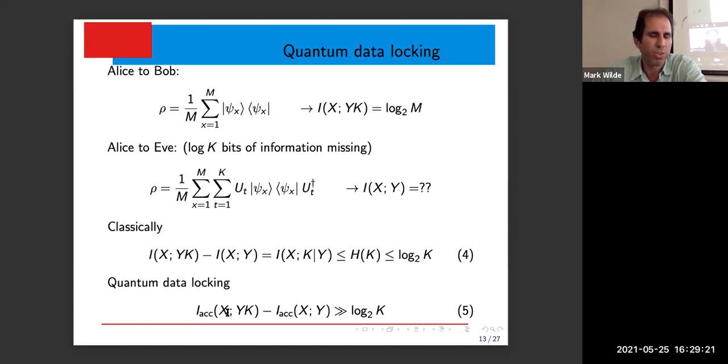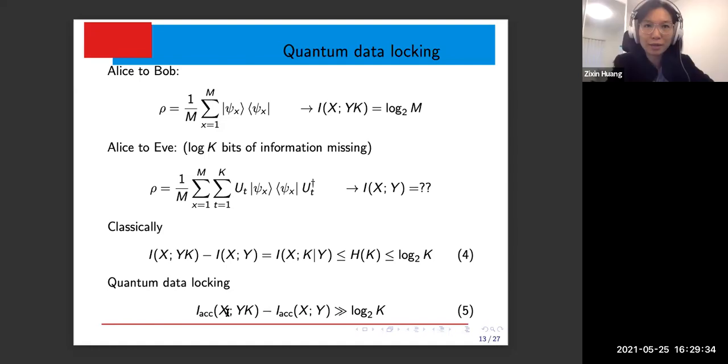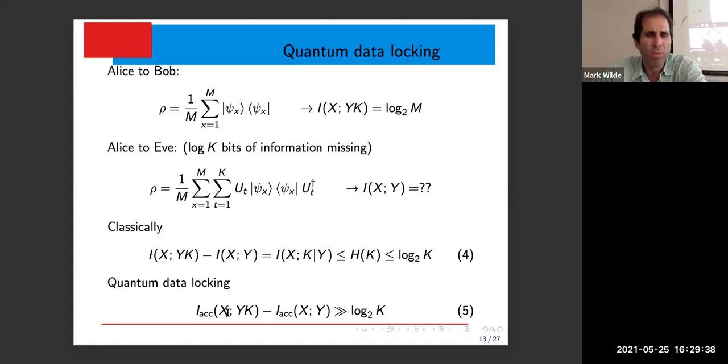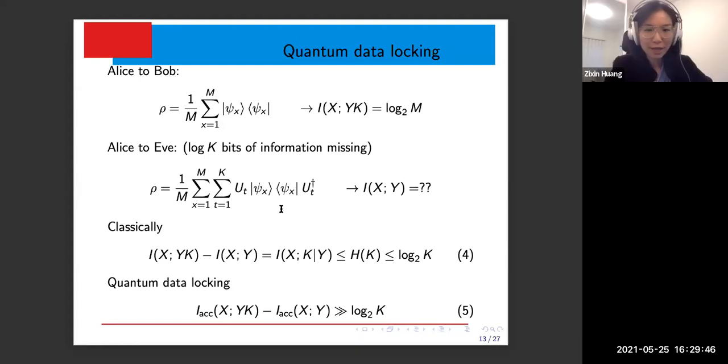There's one distribution for the accessible information on the left and another one for the accessible information on the right. And then I think you can't combine them as a conditional mutual information. Does that make sense? I think so, but I can't compute the quantities in my head very effectively. Anyway, I think that's one way of understanding it. Yep. So the quantum data locking effect is what we're taking advantage of here in our protocol.